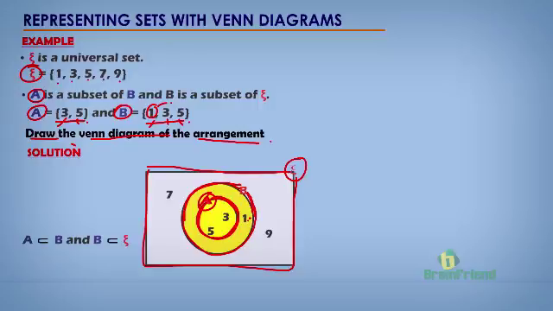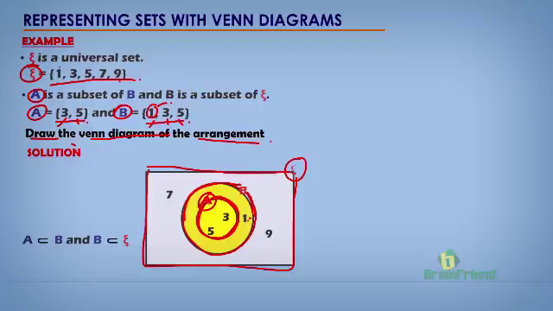Next, let's take a look again at the elements of our universal set. It has elements 1, 3, 5, 7, and 9. The elements of A and B listed are 1, 3, and 5.